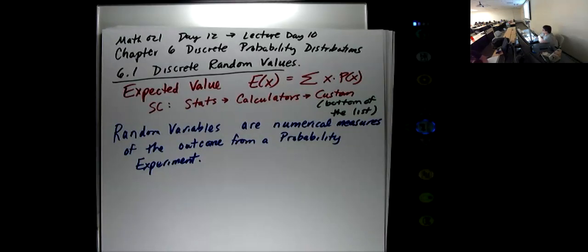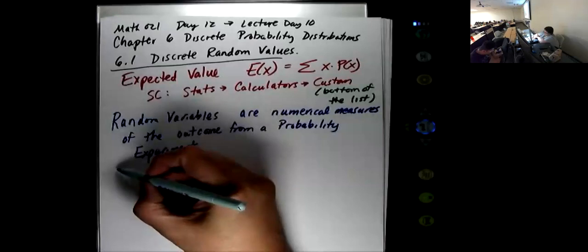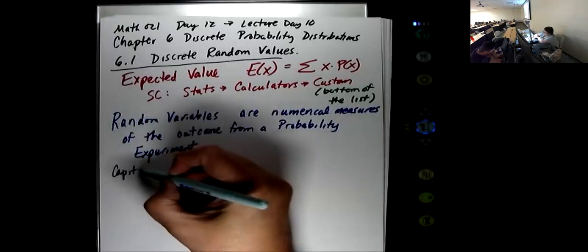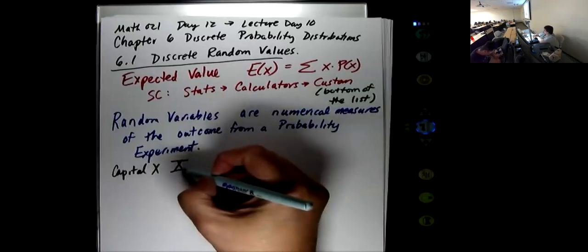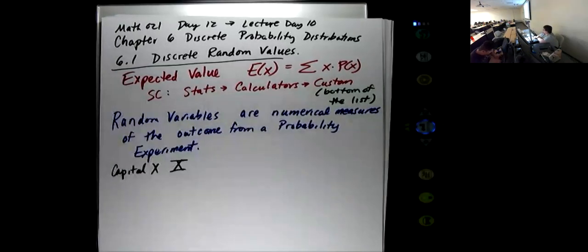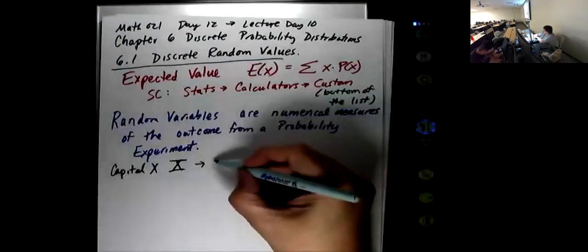Like we were talking about probability experiments in chapter 5. Here we're going to go into specific ones. We will use a capital X, and it's really hard to distinguish. I'll try to use like a Roman numeral X while I'm doing this, so it stands out a little bit better. But on the homework, you just have to look for the size difference. Capital X is usually the category of outcomes.